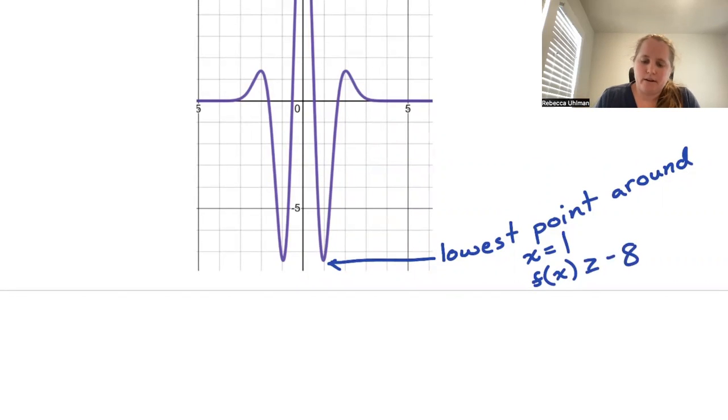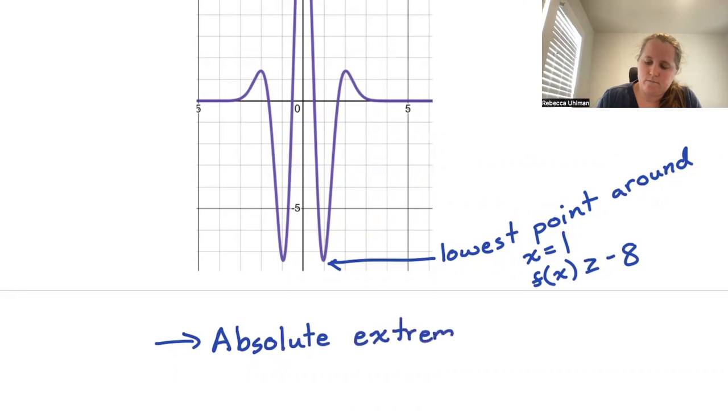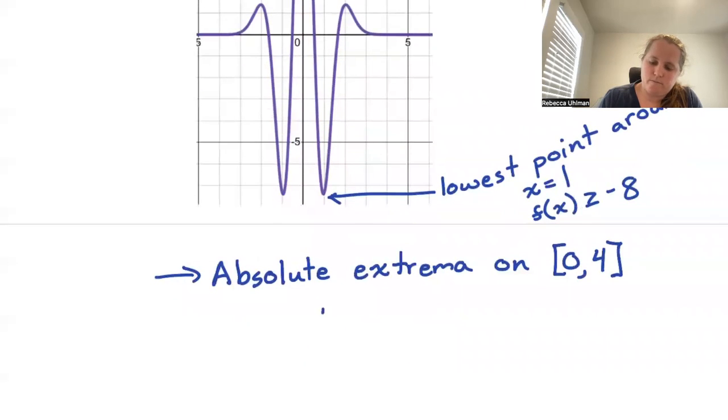And so what we get is that the absolute extrema on 0, 4 is 12.